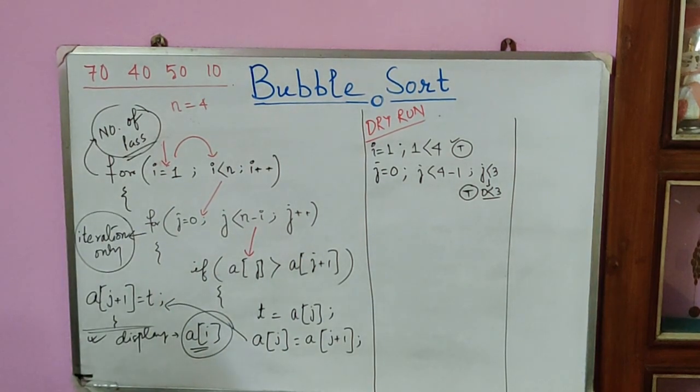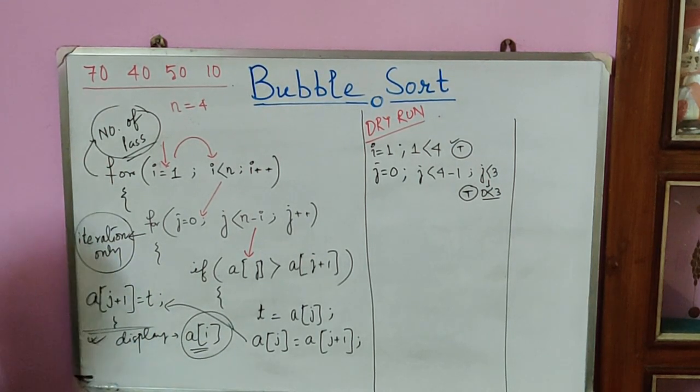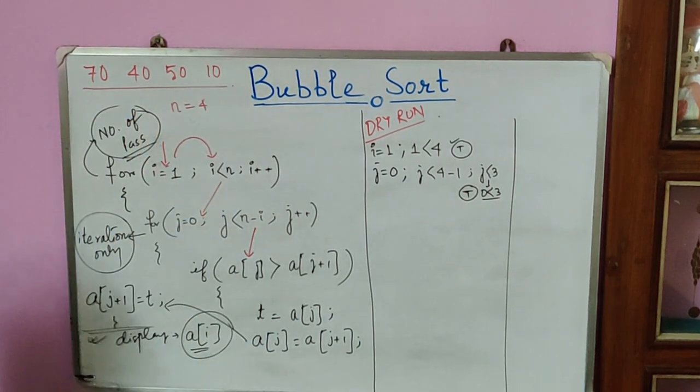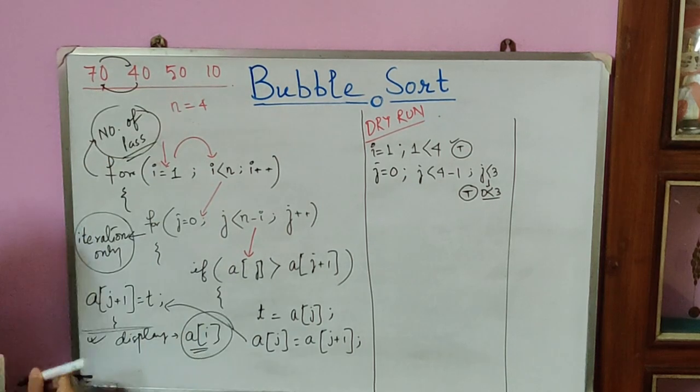Here we will perform our swap operation, because I have already told you in the first explanation with 70, 40, 50 and 10 the passes. If this one is greater, you need to swap.